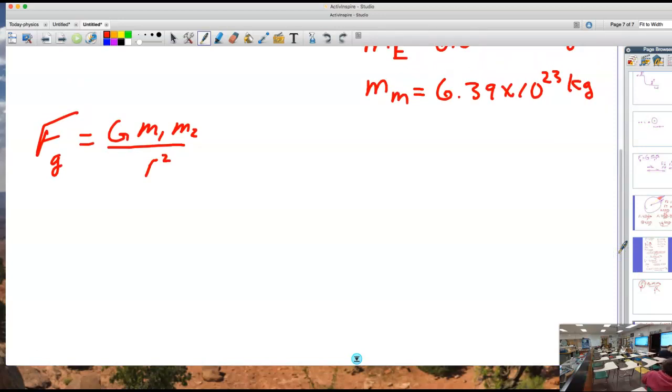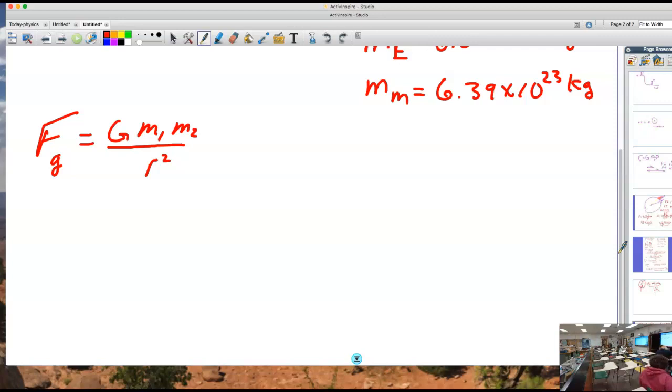Okay, what are we going to do? We need to solve this for R, right? So what are we going to do first? You need to fix the formula. You divide by force of gravity and then multiply by radius. Okay, we're going to do one step at a time.